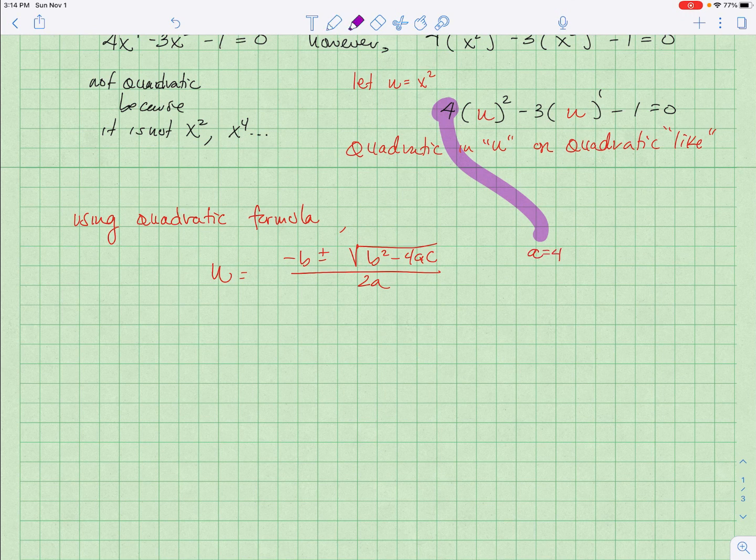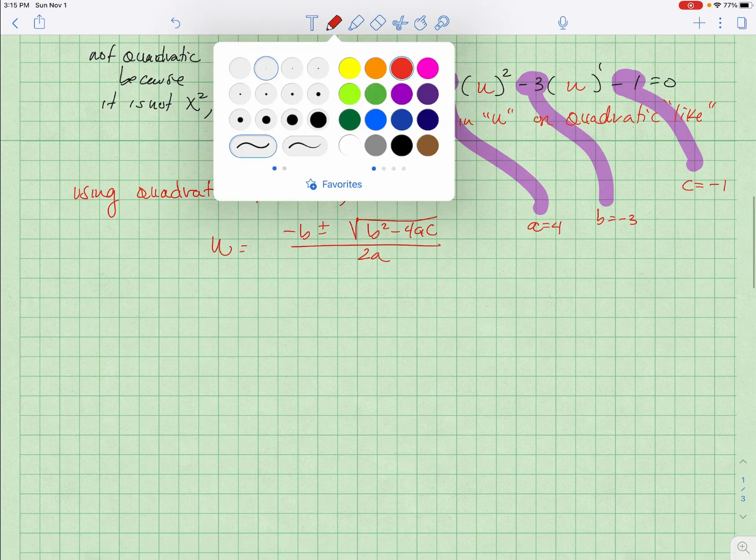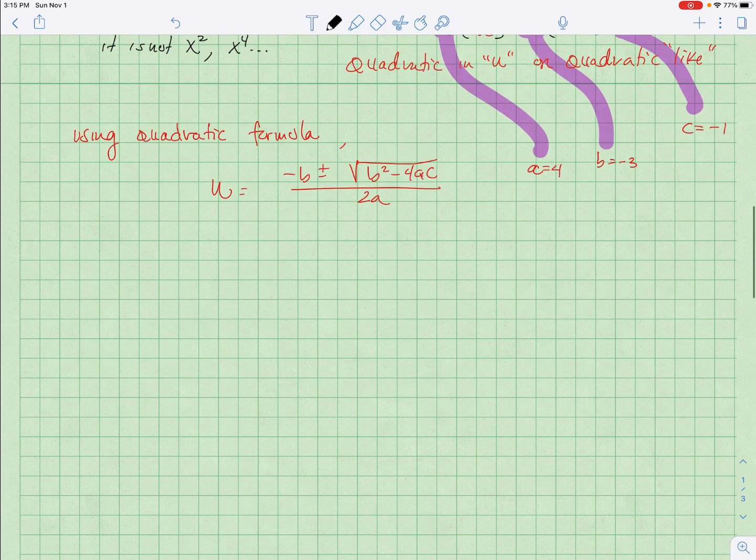A is equal to 4. B is equal to negative 3. C is equal to negative 1. Let's switch back to black here. And this gives us negative 3 plus or minus the square root of negative 3 squared minus 4 times negative 1.